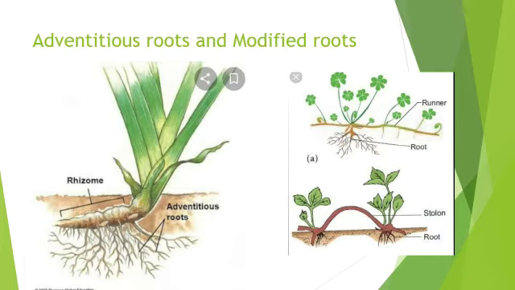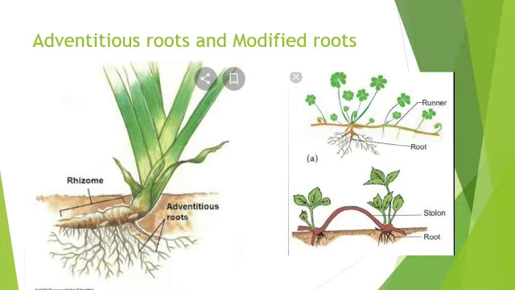If you have seen any root, you can easily see the small roots. The main root is there. You can see in the PPT also. The main root is there, and through that main root, the small hair-like roots are there that are called the root hairs, and that main root is called the taproot.